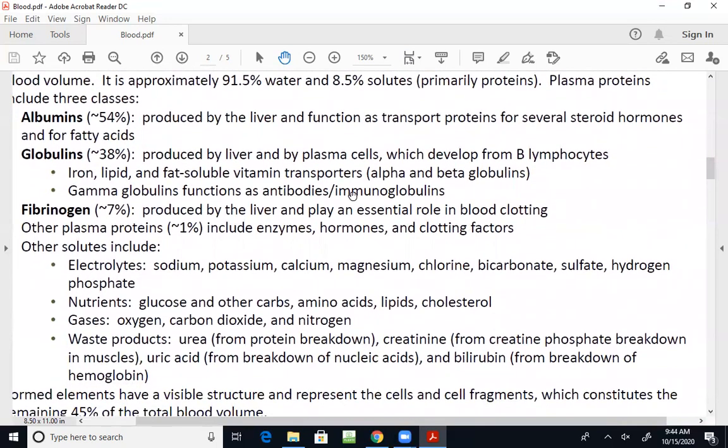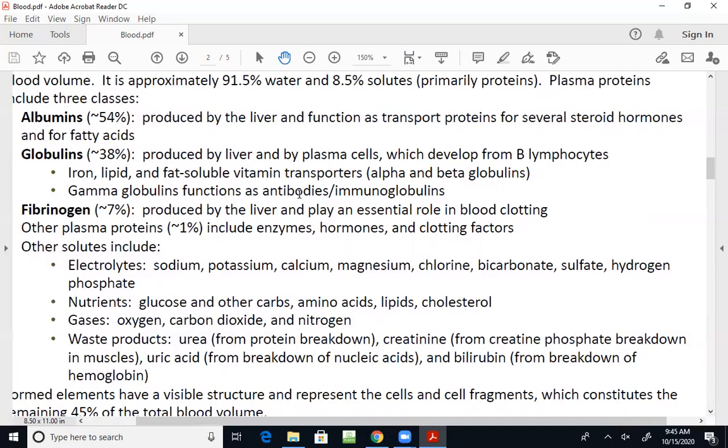Globulins are also produced by our liver and by plasma cells, which are a form of cell developed from the type of white blood cells called B lymphocytes. There are 3 different types of globulins: alphas, betas, and gammas. Alphas and betas are also transporters of iron, lipids, and fat-soluble vitamins, whereas gamma globulins are the ones that function as antibodies in our blood.